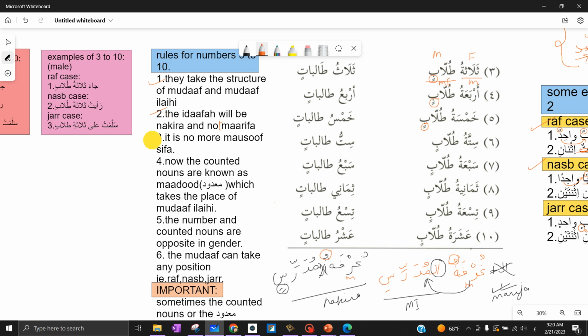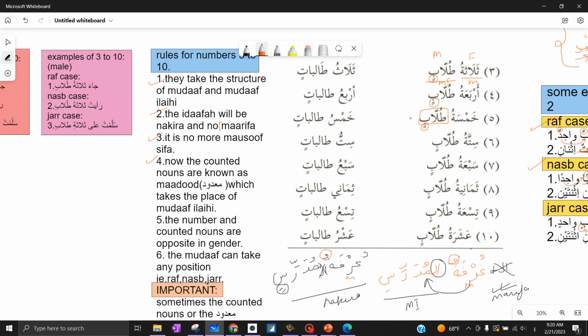Then the other point, number 3, it is no more mausuf sifa. As we did in 1 and 2 as a mausuf and sifa, now here no more mausuf sifa. The number is coming first and then the counted noun is coming after the number. What is the fourth point? Now the counted nouns are known as ma'dood.